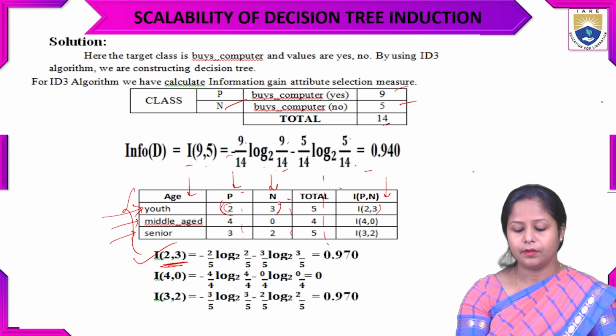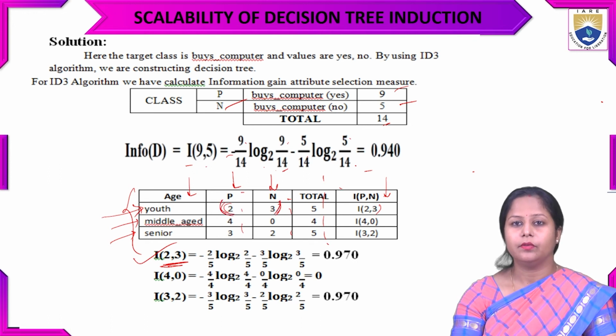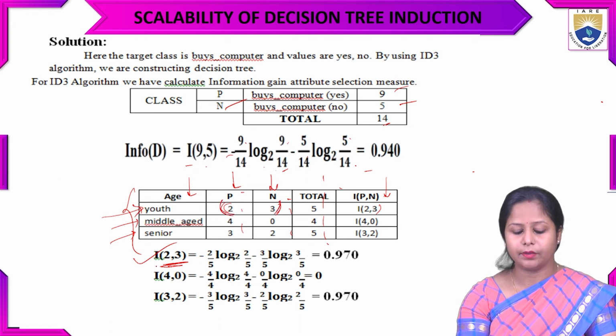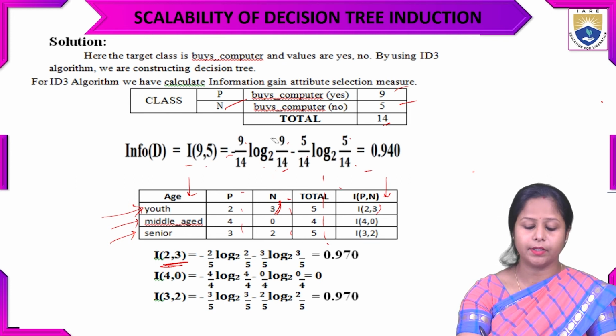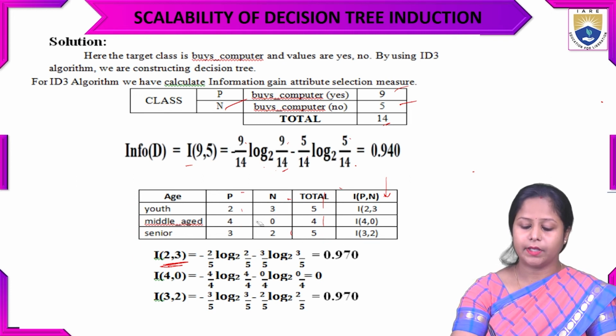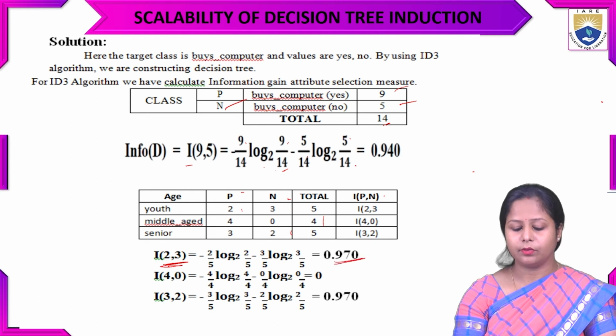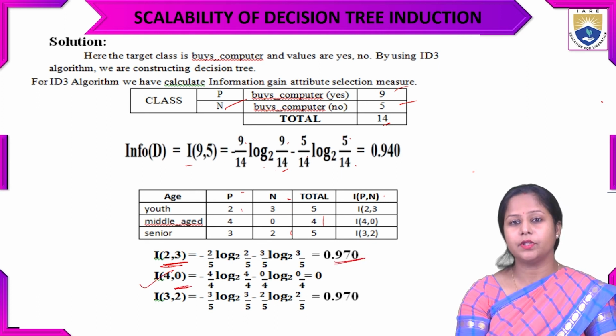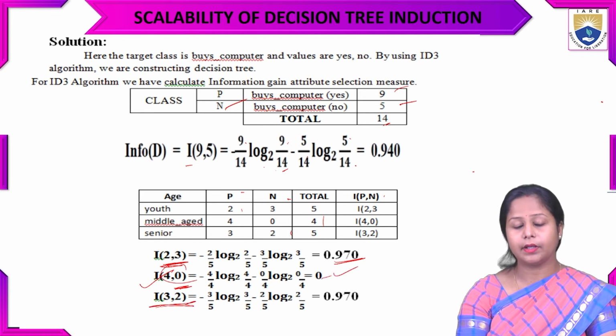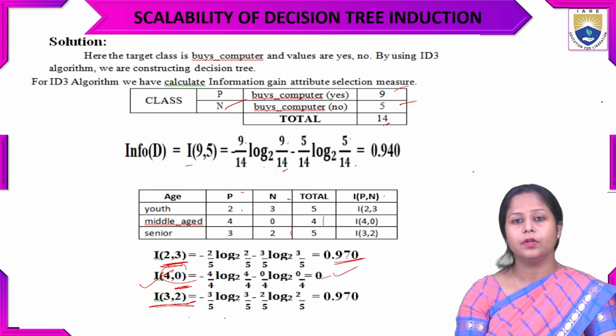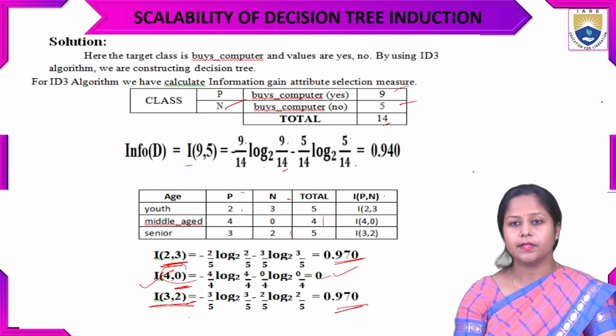These are the two nodes. If we calculate the information gain for this, we get 0.970. For I of 4, 0, we get the value 0. And if we calculate I of 3, 2, we get 0.970.